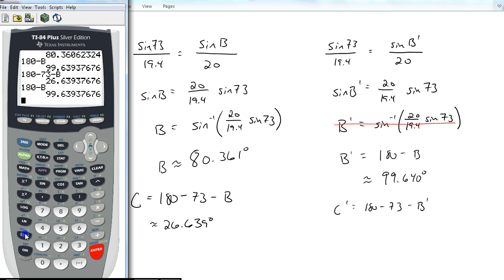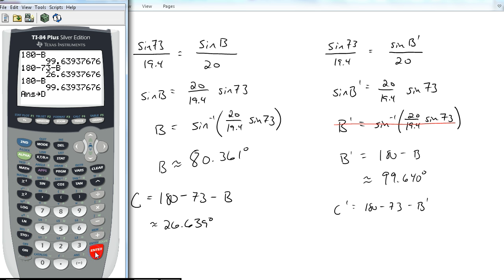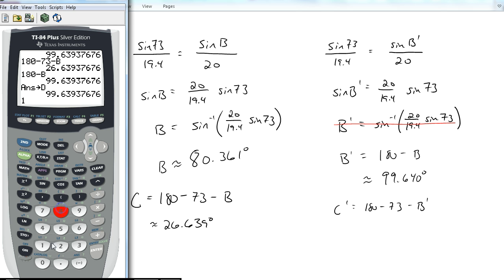I'm just going to store that as, I need a new letter, so I'll call it D. And I can do 180 minus 73 minus B prime, which I call D. And we're left with a very small angle. This is 7.361.